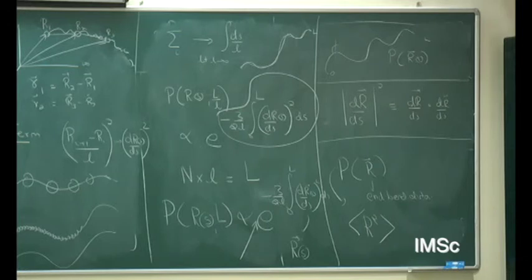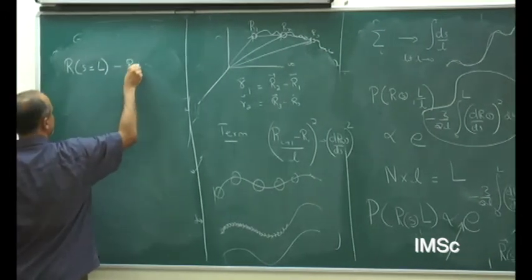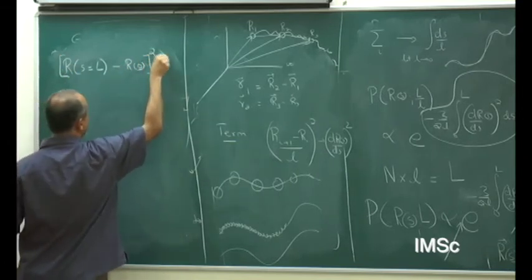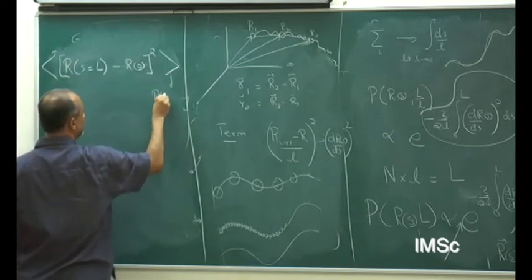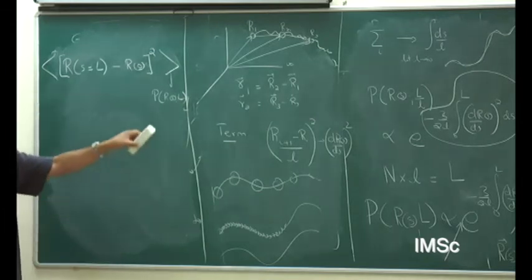So remember that we said that the end-to-end distance R was R at S equal to L minus R of 0. Take this, square it, and then average it. And this average is to be done with respect to the probability of R of S, comma L, the same quantity that we wrote down there.